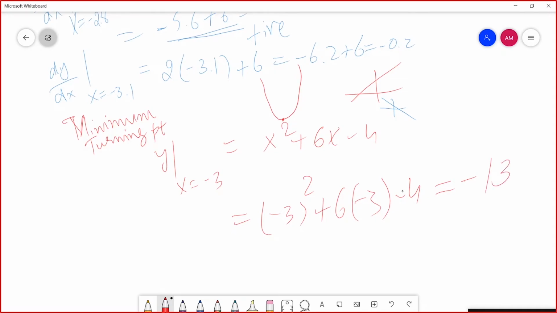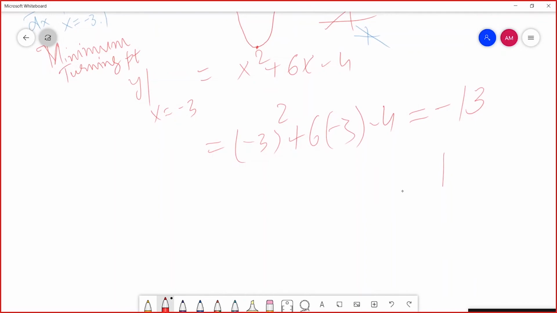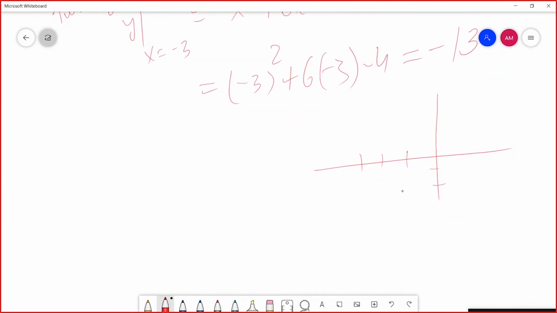Whatever the equation is, the minimum is at (-3, -13). So if I say 1, 2, 3, and I have to go down a lot, I just assume that this is -13.